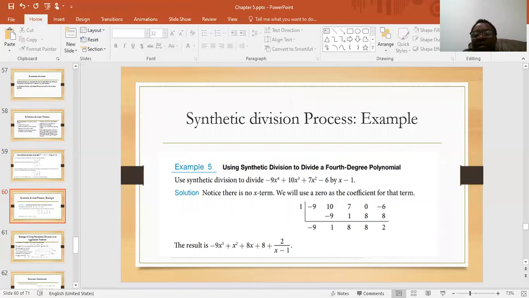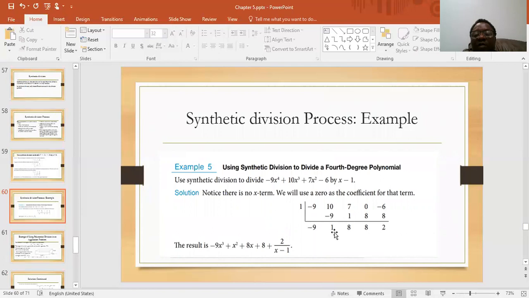So let's do another example of synthetic division. Here we have minus 9x to the fourth plus 10x cubed plus 7x squared minus 6 divided by x minus 1. Here k equals 1, so we place k here, and the coefficients of the polynomial are up here. So we bring down the leading coefficient minus 9 and multiply it by 1 to get minus 9 here.